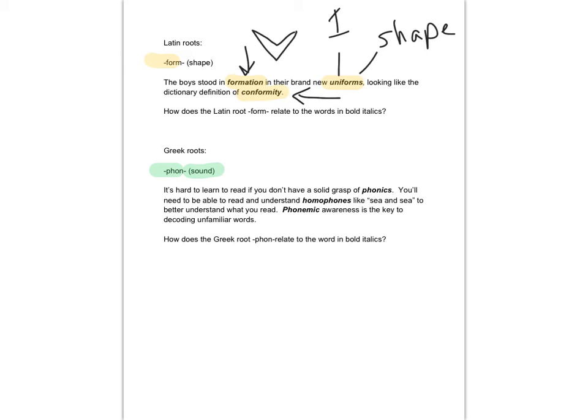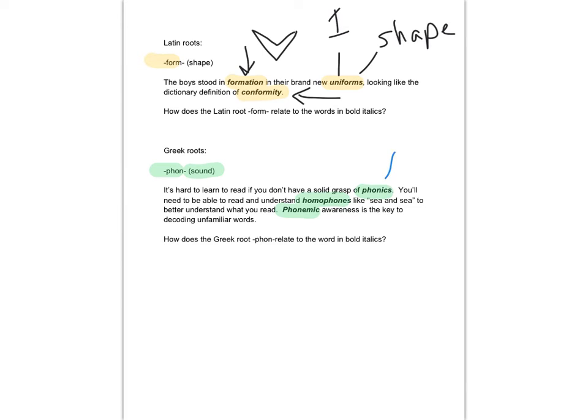It's hard to learn to read if you don't have a solid grasp of phonics. You'll need to be able to read and understand homophones like see and sea to better understand what you read. Phonemic awareness is the key to decoding unfamiliar words. So again, how does the Greek root phone relate to the words in bold italics?